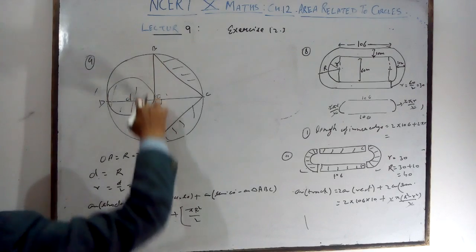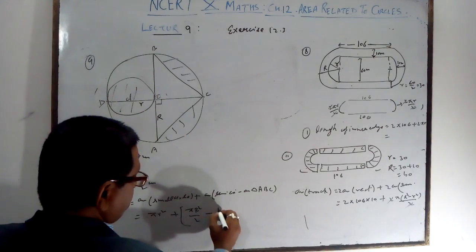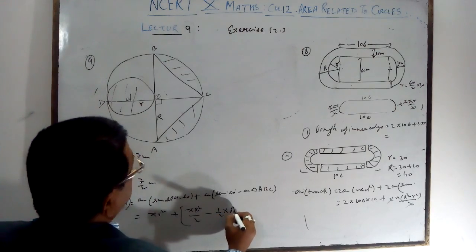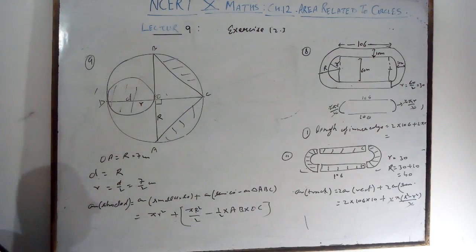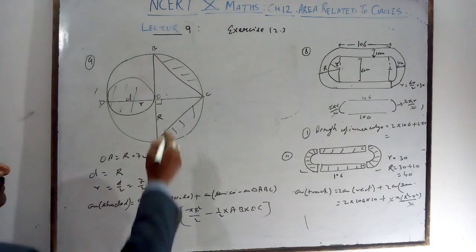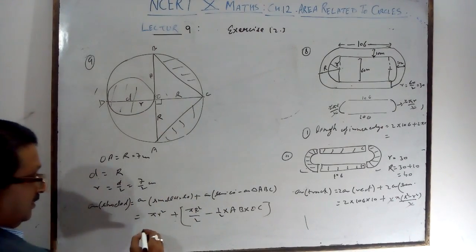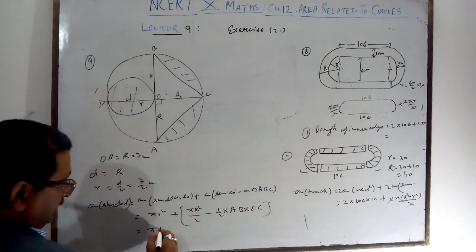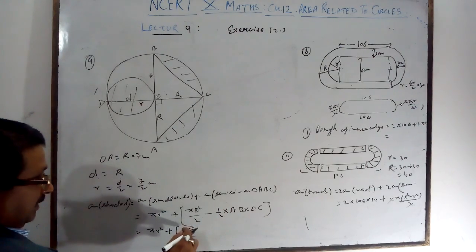Why? Because it is capital R, so pi R square by 2, minus half into AB into OC. Half into base into height. Base is AB, AB into OC. OC is also R, and AB is R plus R, 2R, the diameter. So you can get pi r square plus pi R square by 2, capital R here.